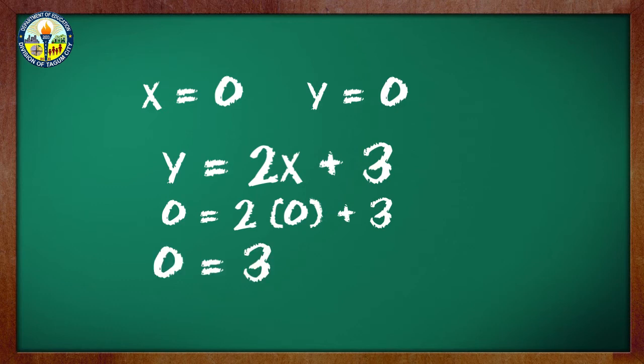Simplifying, we got 0 equals 3. So, is this true or false? Is 0 equal to 3? If your answer is false, then you are right, because 0 is not equal to 3. Since the equation is not satisfied, therefore, (0, 0) is not a solution to the equation.